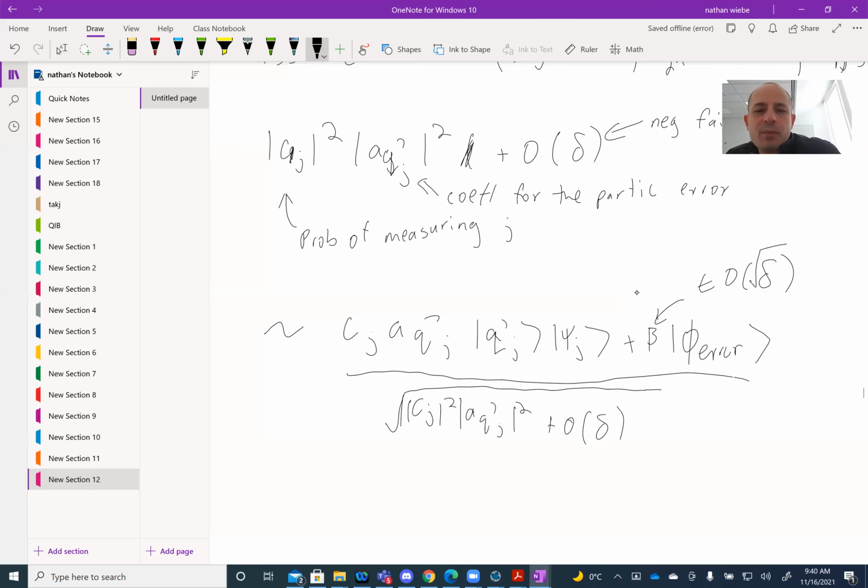All right, so this is our expression. The key thing to note is that apart from this small amplitude over here, corresponding to the remaining states, what ends up happening is that after a single measurement we primarily get our state concentrated on the state psi j. But the state psi j is still there.